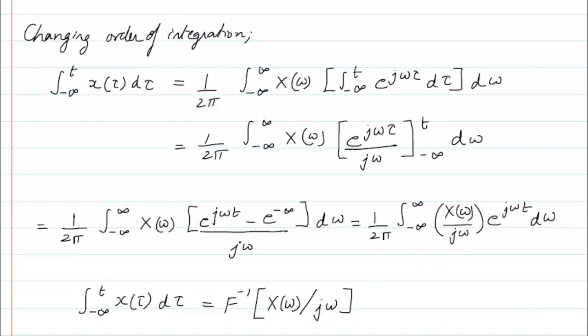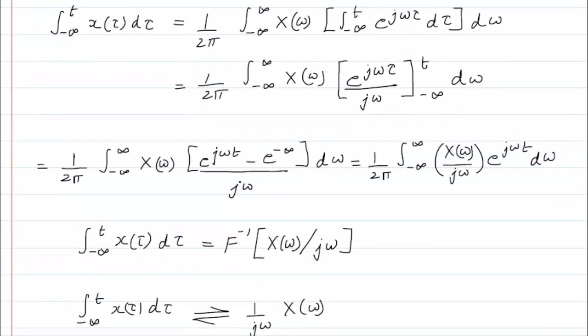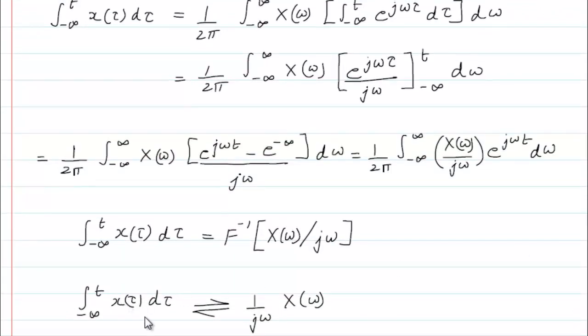Correct? So I can write the equation that the Fourier transform of the integral of x of tau will be 1 by j omega into x omega. Hence this is also proved.